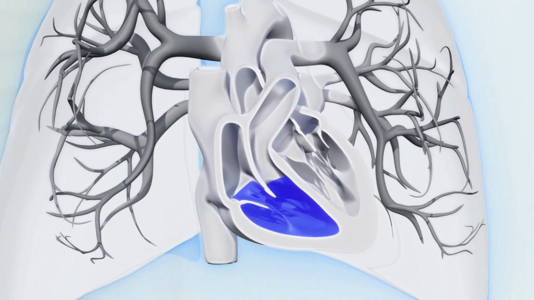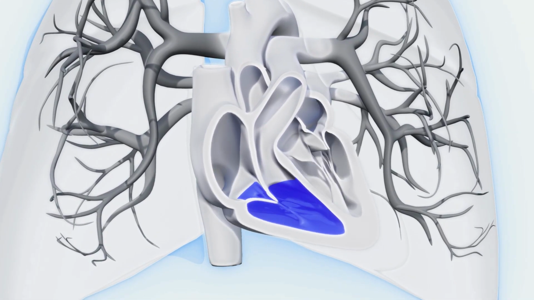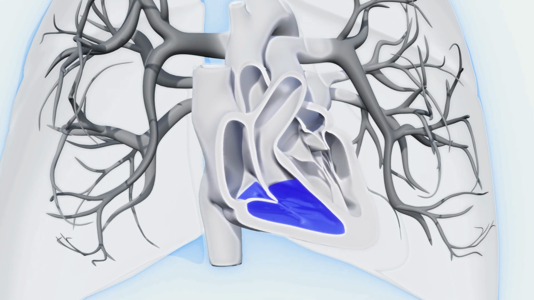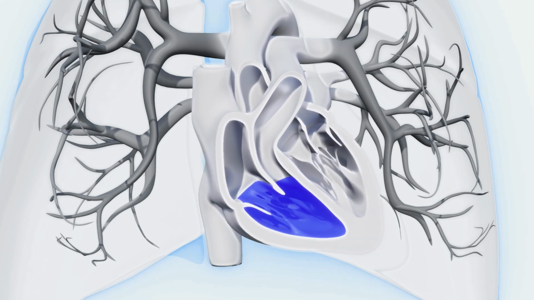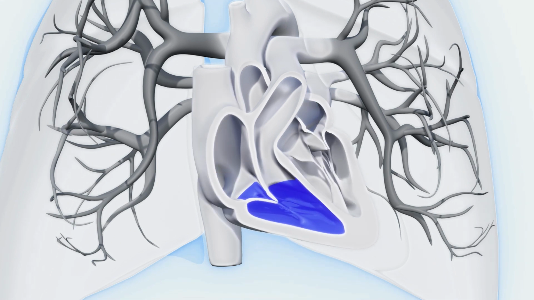The right side of the heart tries to compensate by working harder to pump blood through the vessels and into the lungs. Over time, the heart struggles to maintain this level of intensity. It's like asking your heart to run a marathon every minute of every day, and PAH symptoms result.